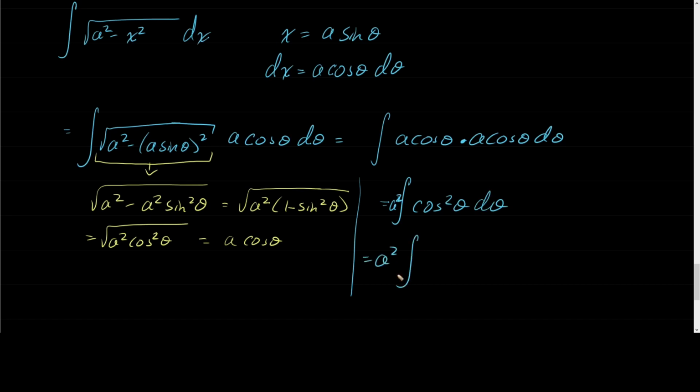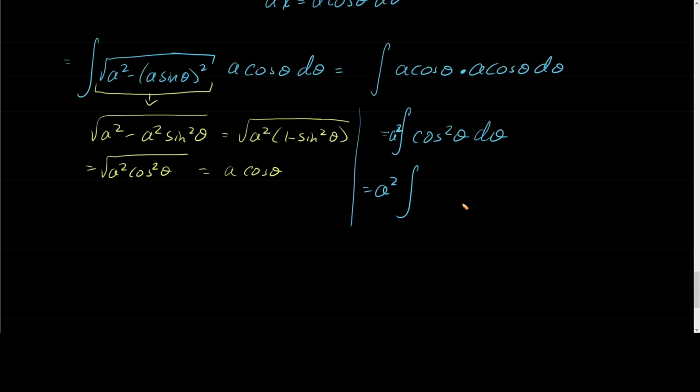What we're going to do here is a power reduction formula for cosine squared. And the power reduction formula for cosine squared would be 1 plus cosine of 2 theta over 2 d theta.